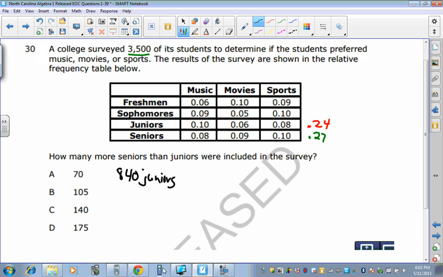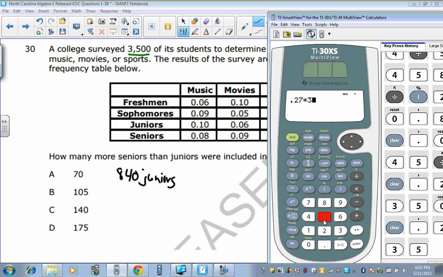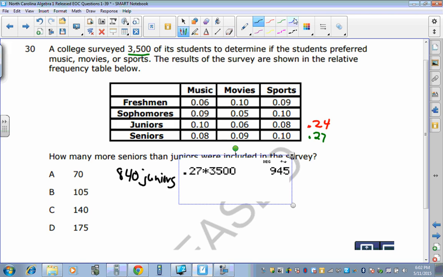And 27% of those people were seniors. 27% of 3,500 people surveyed is 945 seniors. They want to know how many more seniors than juniors, so we do 945 minus 840, and the answer is 105. B would be your answer.